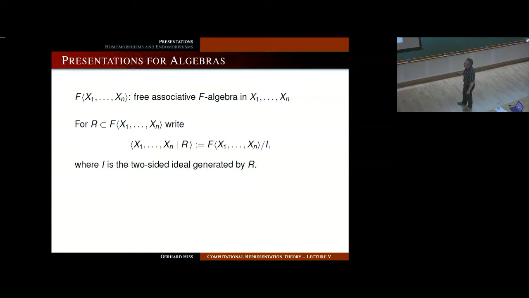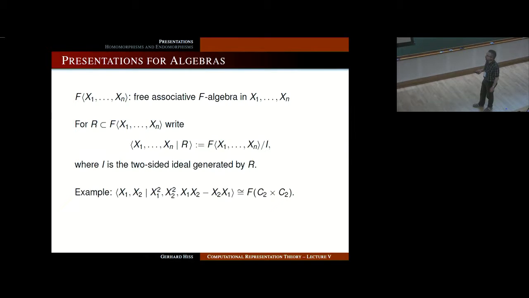And then this algebra on the right-hand side, this quotient, is given by what we call the presentation: finitely many variables, and a set of relations in the free associative algebra.